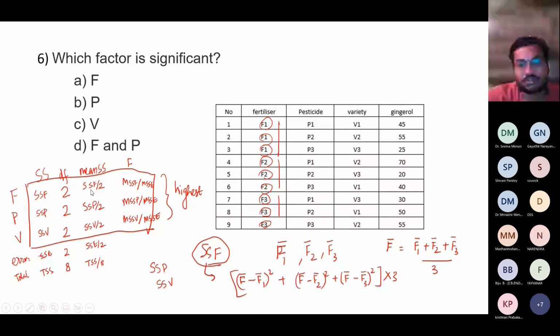So it will be 3 minus 1, which is 2. The total degrees of freedom will be the total number of data points minus 1, which is 9 minus 1, 8. And for error, we'll calculate it as 8 minus (2 plus 2 plus 2), which is 8 minus 6, which is 2. Then we need to calculate the mean sum of squares. For all of these values, the mean sum of squares is the sum of squares divided by degrees of freedom.